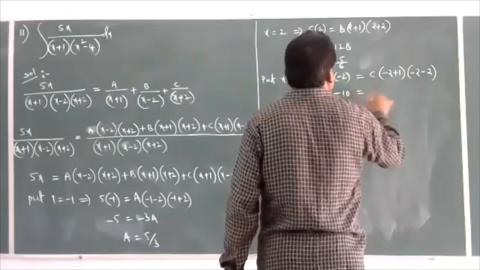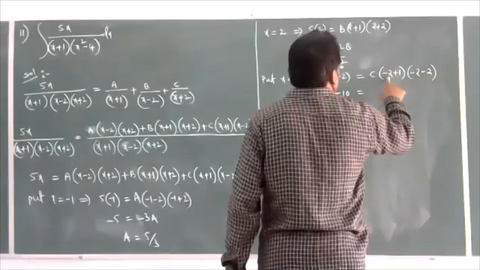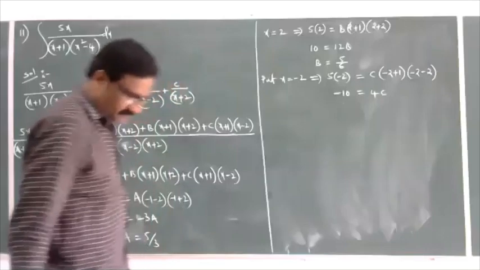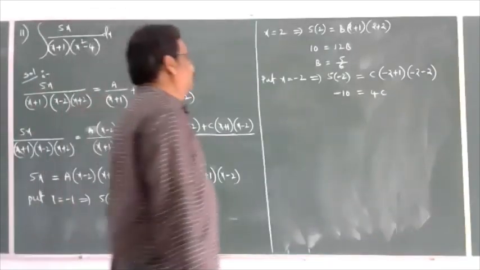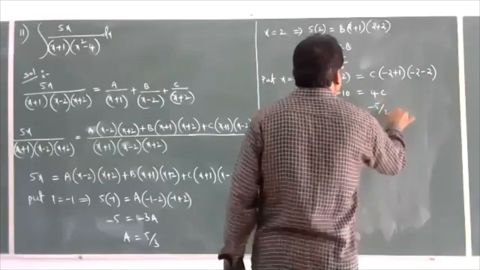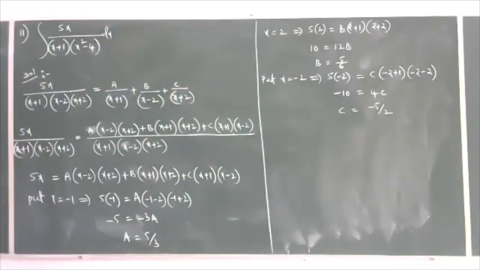Minus 10 is equal to minus 4 into minus 1, that is 4C. So C is equal to minus 5 by 2.